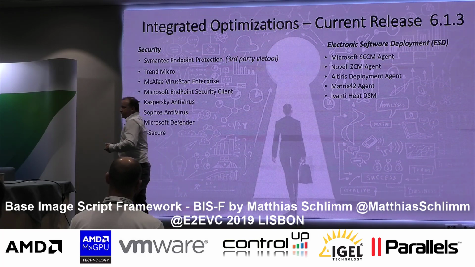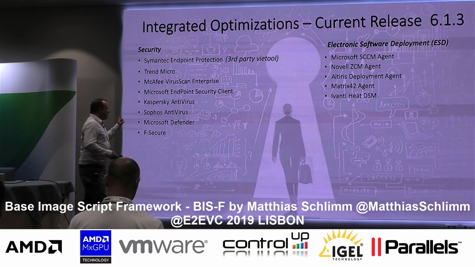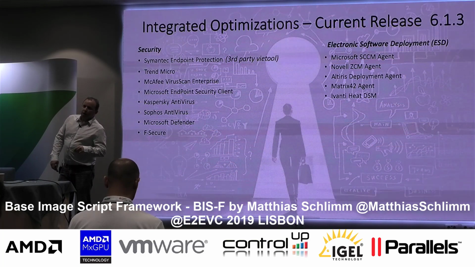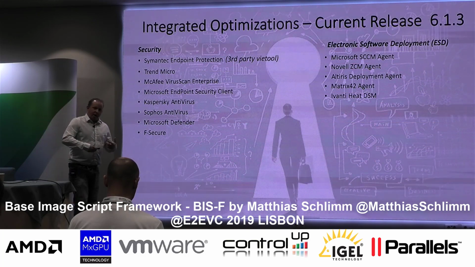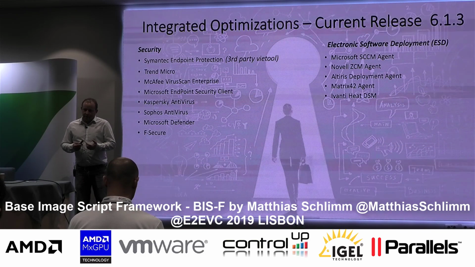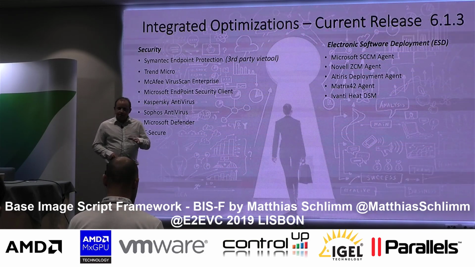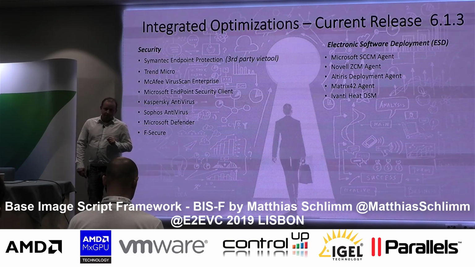But BIS-F does this in a different way. If we have removed this, we set the antivirus service not to automatic, but to manual. So when the machine starts up, BIS-F has a scheduled task. The scheduled task runs and says, okay, Symantec antivirus is installed.